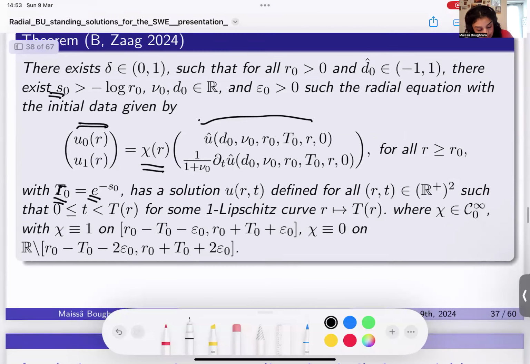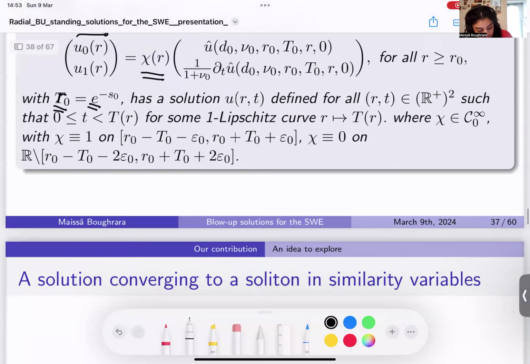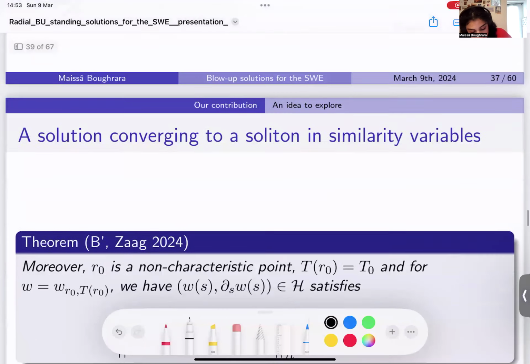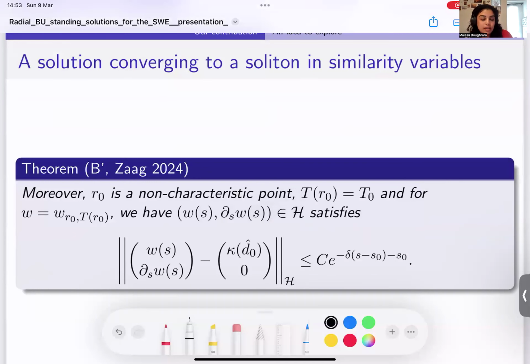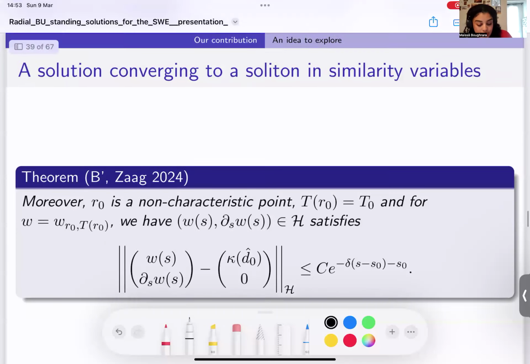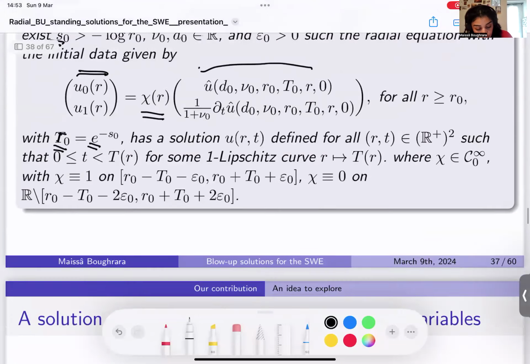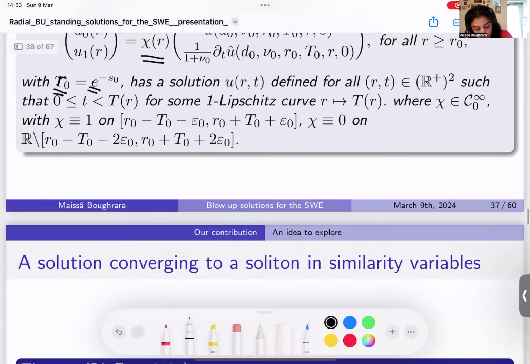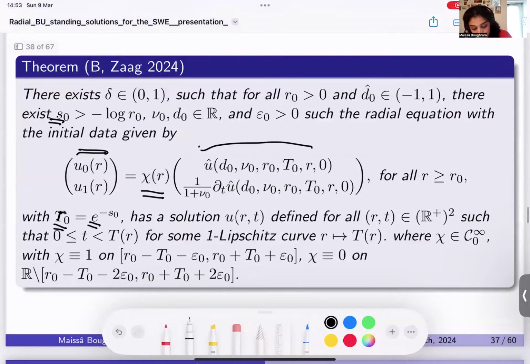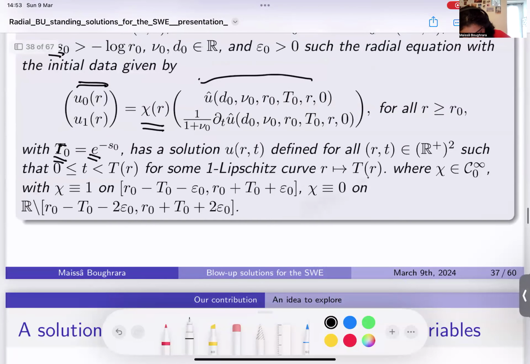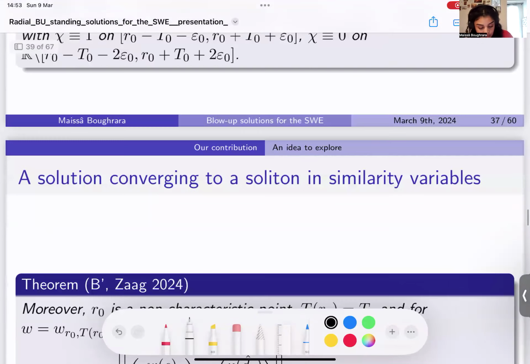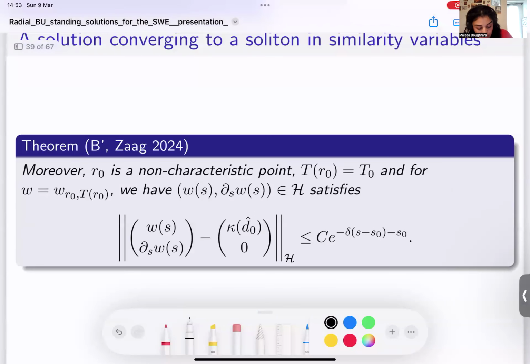And this t0 is actually equal to T of r0, the local blow up time of r0 for a given r0, where T of r0 is given by this blow up curve. So the blow up curve, that is 1 Lipschitz, and we obtain our convergence in similarity variables to the goal at an exponential speed.